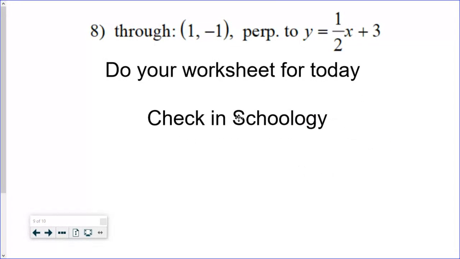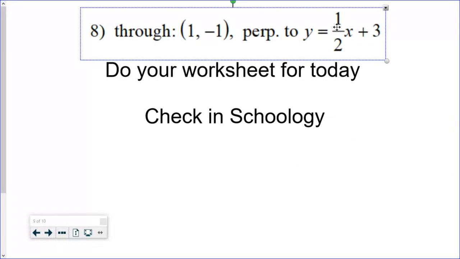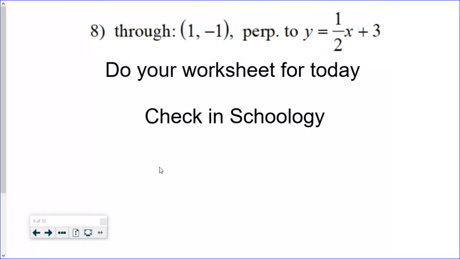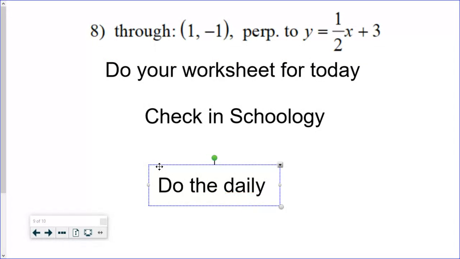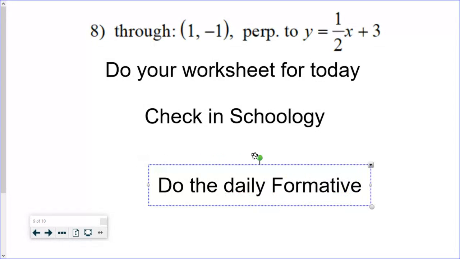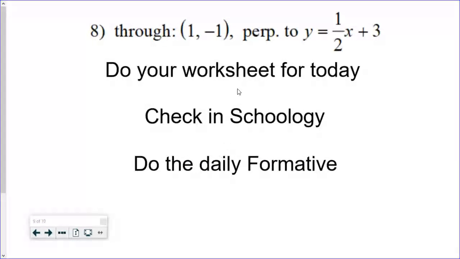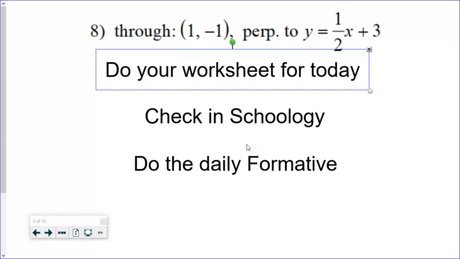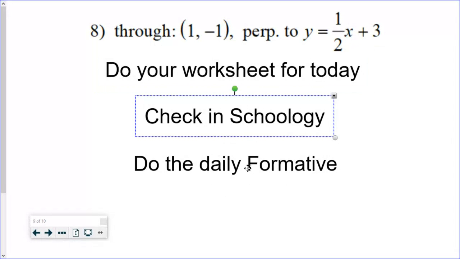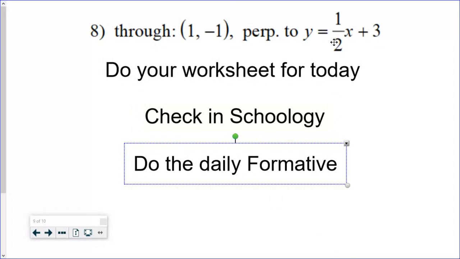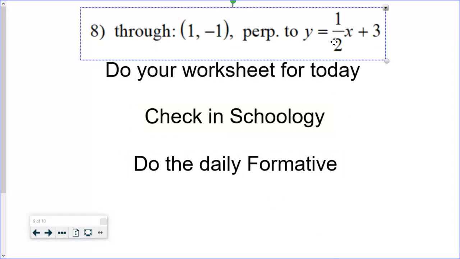If you want to do that top one, message me and I'll do it for you personally. And then finally, you're going to do the daily formative. Okay? So do your worksheet, check it in Schoology, do the daily formative. If you want to do this one, we can meet and we can go through it step by step.